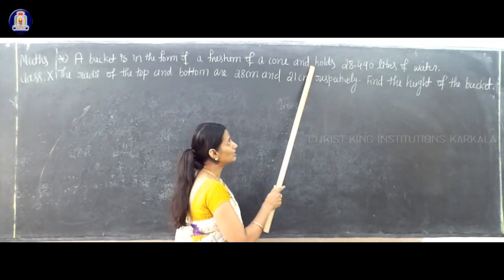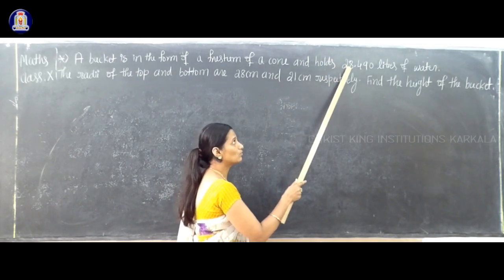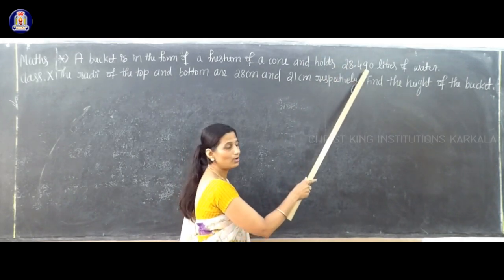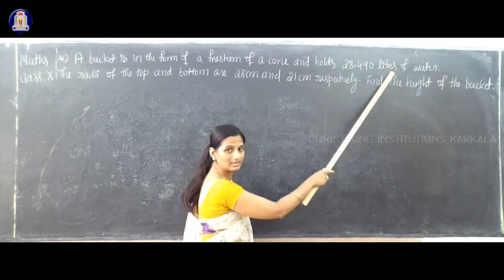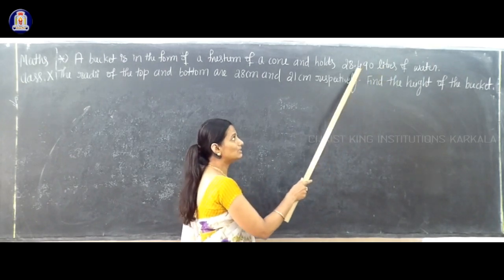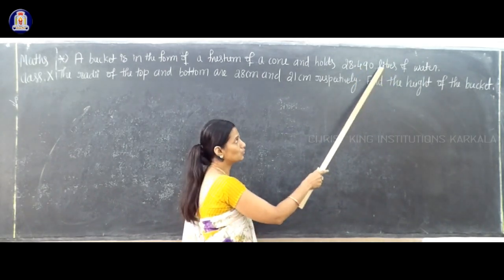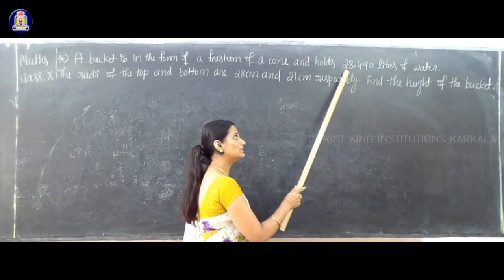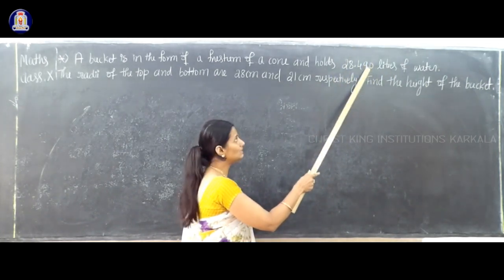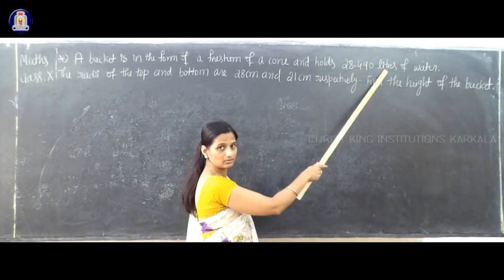So what is given? V is equal to 28.490 liters. See the unit. The water, what is the unit for that? Liter. That means the volume of the bucket is in liters. Okay.